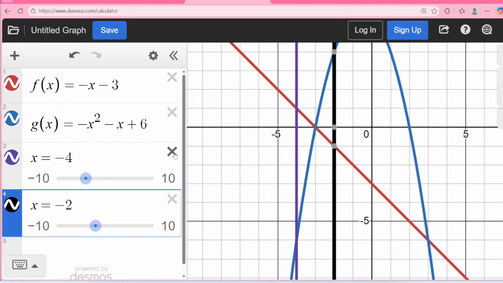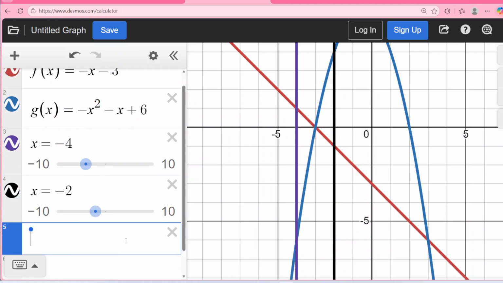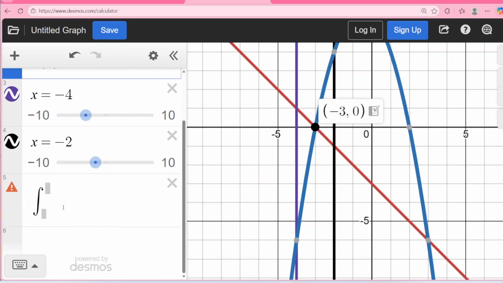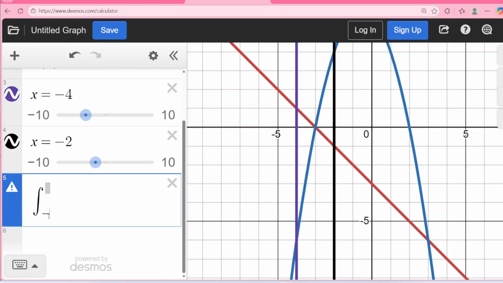So I'm just going to set those up here. So we got integral. So again, the integral from -4 to where they meet, -3, of, and it was red minus blue, red on top, blue on bottom.